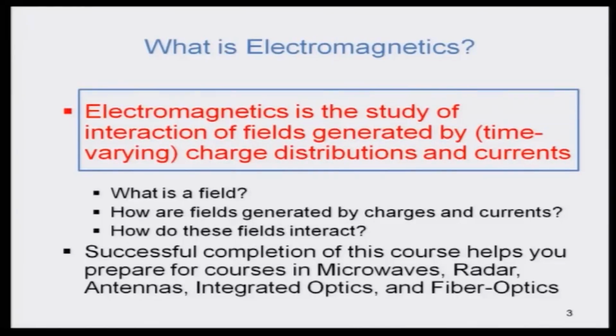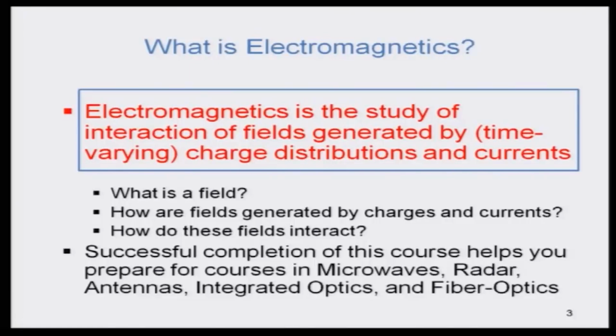Electromagnetics is essentially the study of interaction of fields that are generated by time varying charge distributions and currents. Now this definition probably does not mean anything to you at this point, because the question you would immediately ask is, what is a field? We said that electromagnetics is the study of interaction of fields generated by possibly time varying charge distributions and currents.